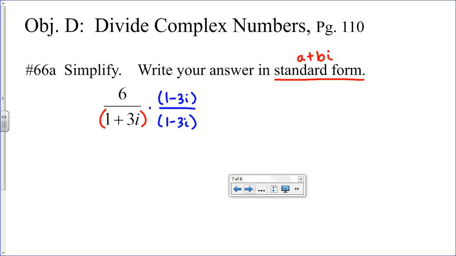Let's see. On top, I should distribute. So 6 times 1 is 6, and then 6 times negative 3 is negative 18i.